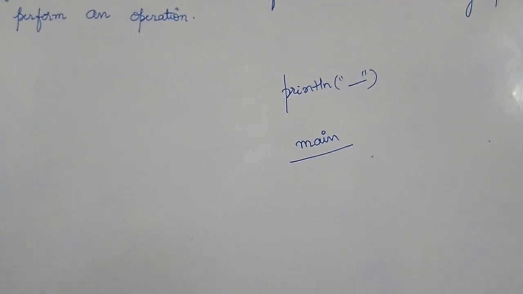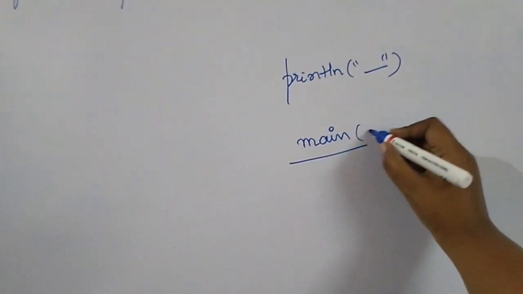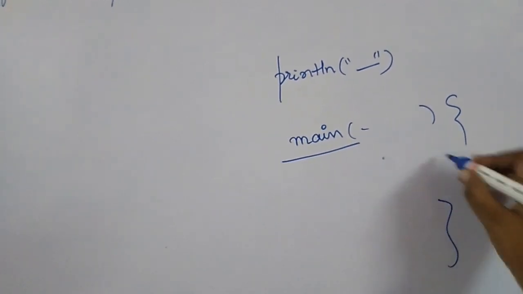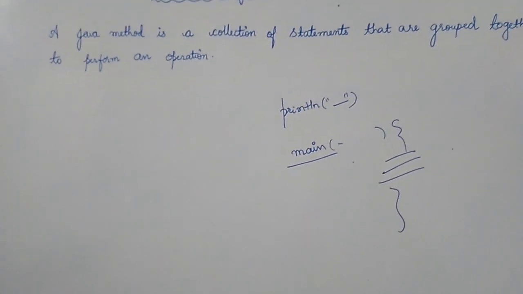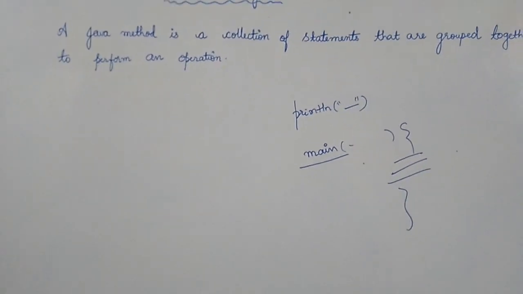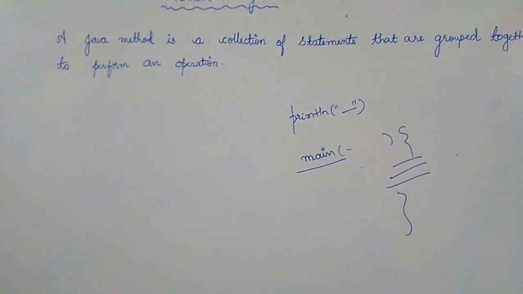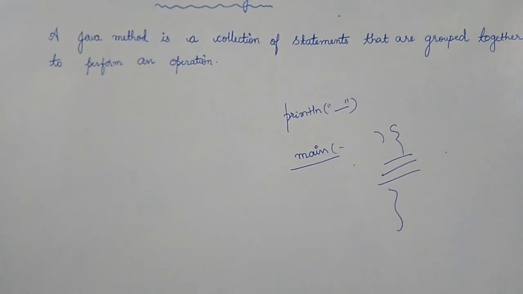Other than that, whatever code you want to write inside the main method is user defined, so you can decide what to write. But the main method signature is predefined in JVM. So these are some of the methods that we already know.